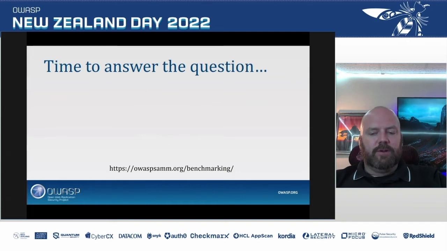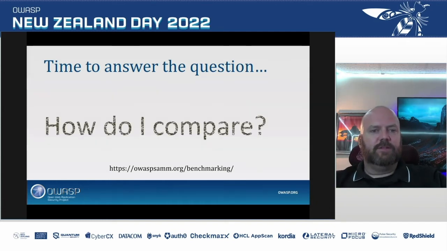SAMM Benchmark comes out because one of the first questions that we get from organizations is, how do I compare? I have a score. I know I have competitors. I have other organizations in the same industry vertical, might be similar size, might be similar geographic areas. How do I compare?